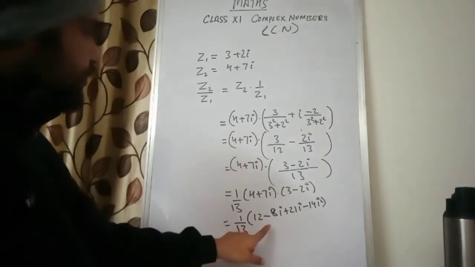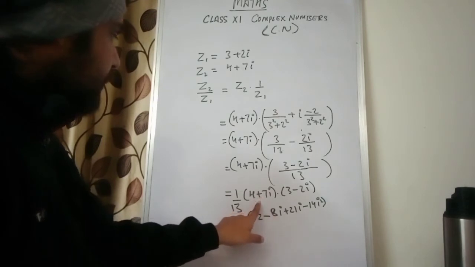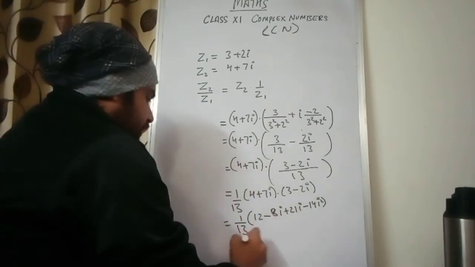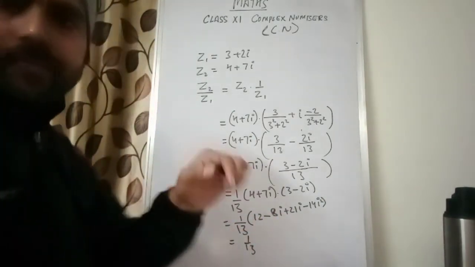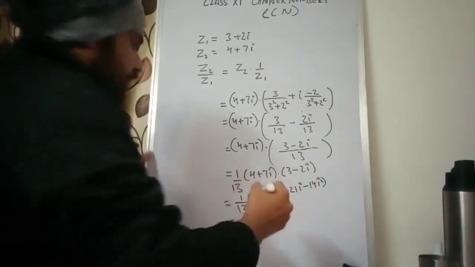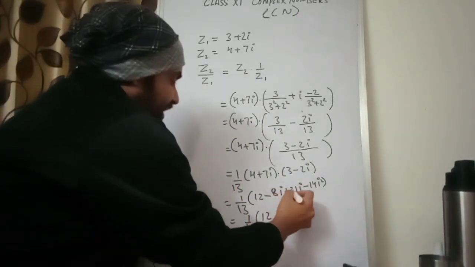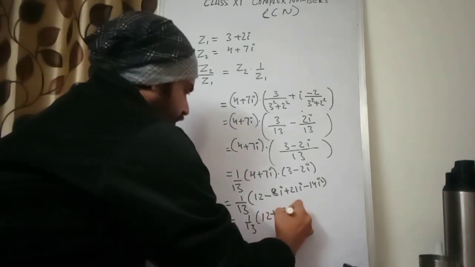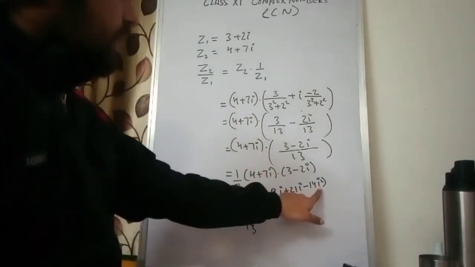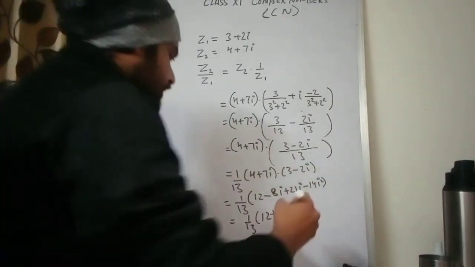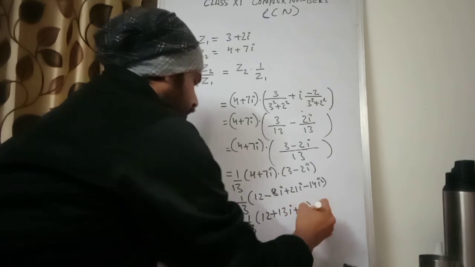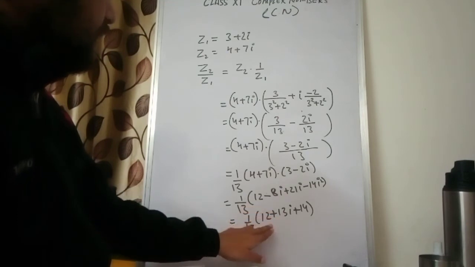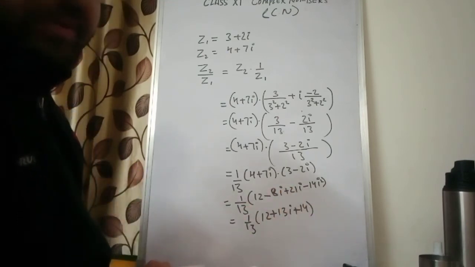Okay, so it will be how much? 12, minus 8i plus 21i. I hope it is visible here. Okay, fine. Now minus 8 plus 21, how much is it? Plus 13i. Now i square I know is minus 1, so minus 1 into minus, that will be plus 14. Alright, so this will be how much? 12 plus 14, that will be 26.